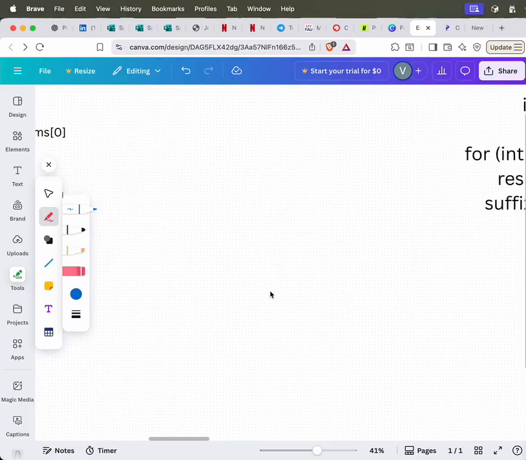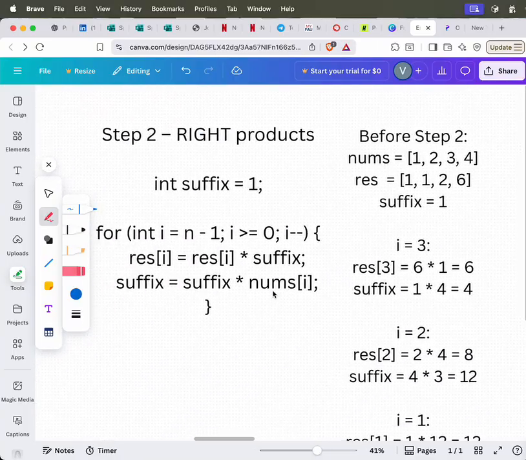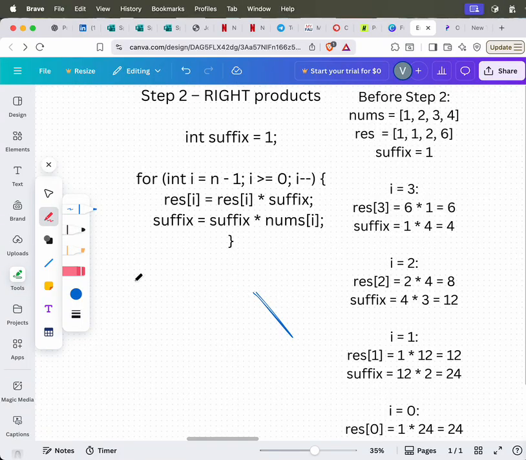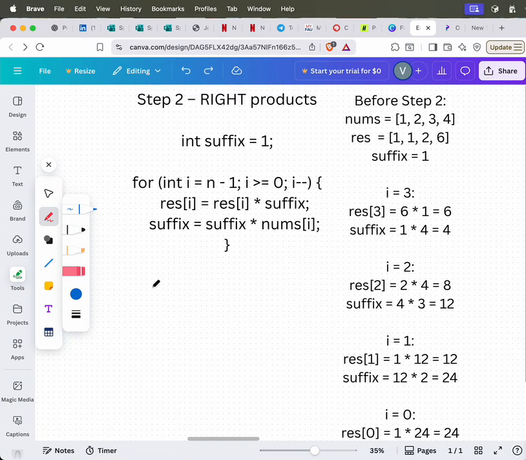The second thing is the right products. What do you do with the right products? I'll explain it easily right now. We have 1, 2, 3, and 4, right? We'll multiply all the right numbers except itself.